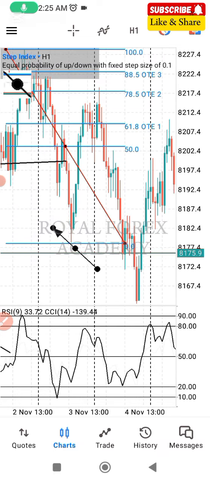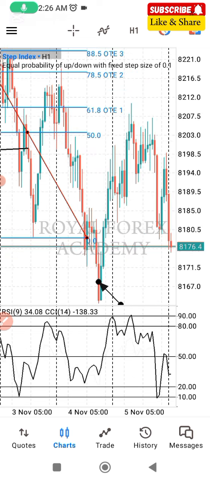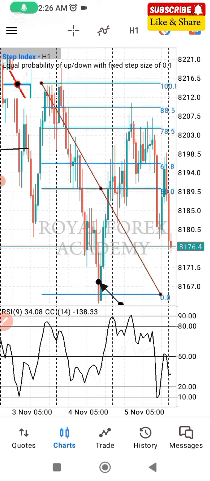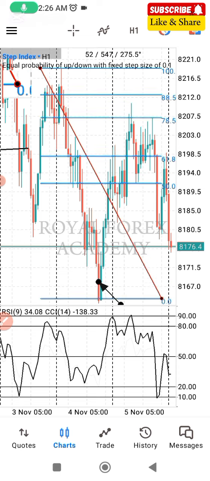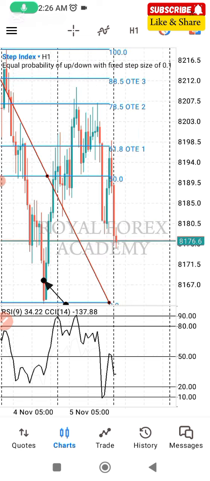Look at here again, price pull back to 78.5 of your Fibonacci and then see how massive it sold down. And then we keep moving it. Here again, look at it again, price pull to 78.5 and you can see how it is selling.